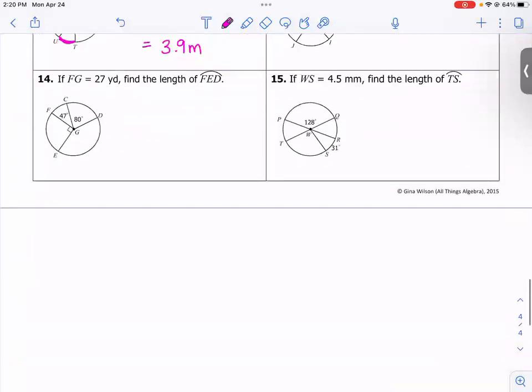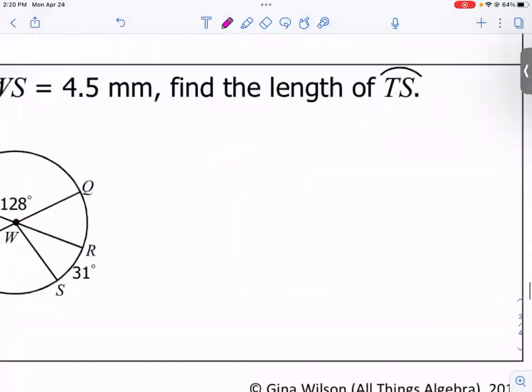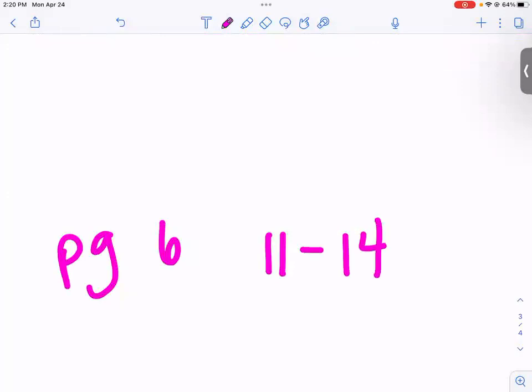So this is going to be kind of all over the place, but this is what I want you to do. On page 6, you're going to do 11 through 14.